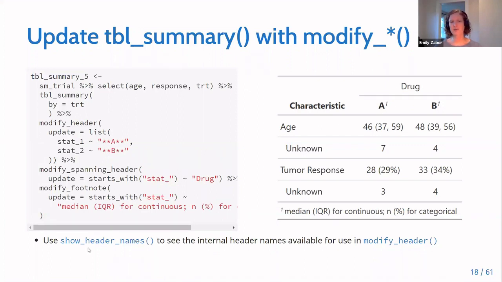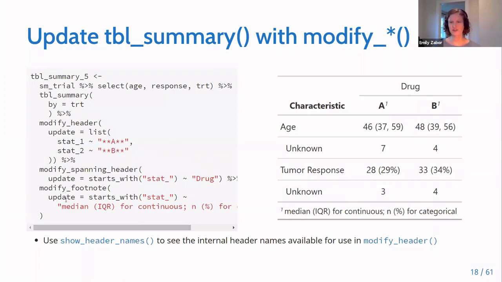And we do have a function available called show header names. So if you create this table up to like this parenthesis here, and then pass it to show header names, you'll get out what these labels are so that you know which ones to modify, because it's not necessarily obvious that stat_1 is the first column and stat_2 is the second. So there is a way to see what those column names are.